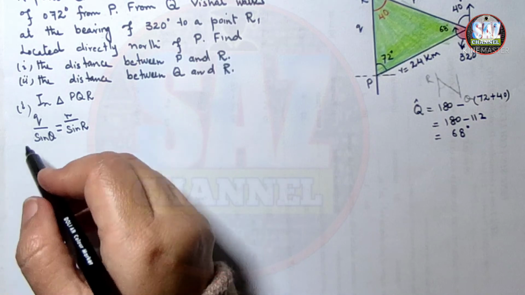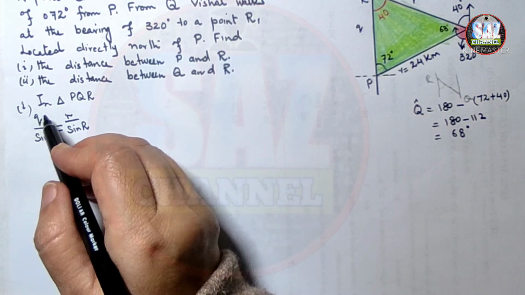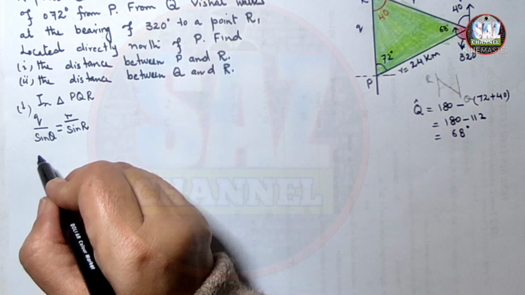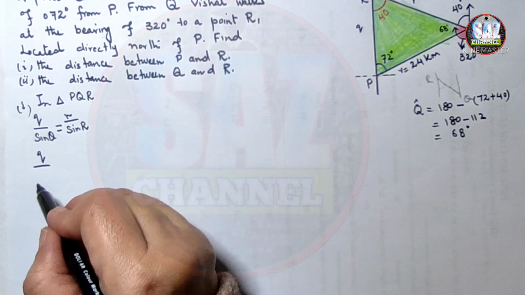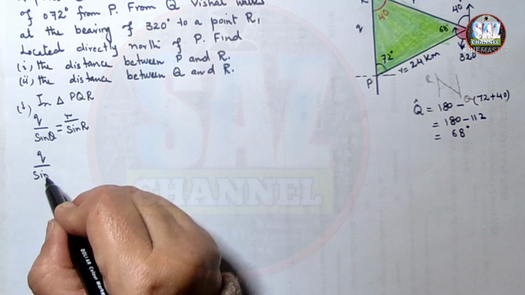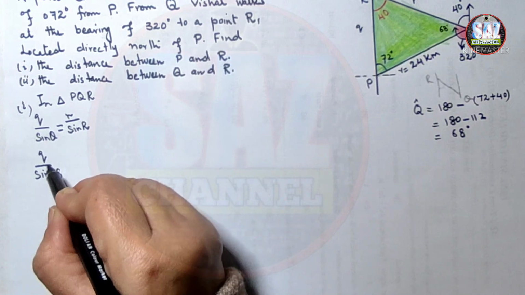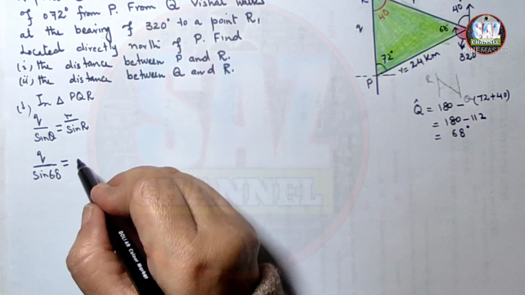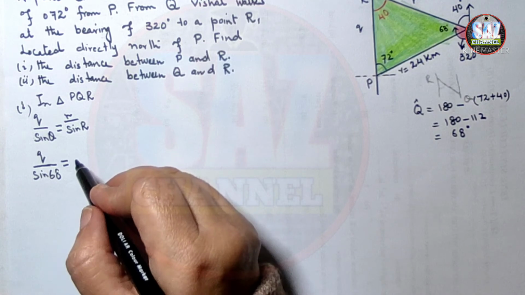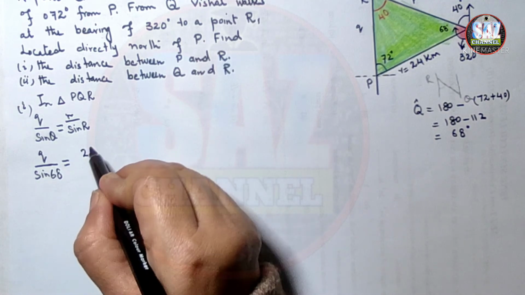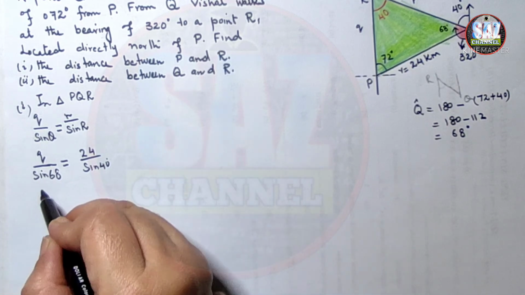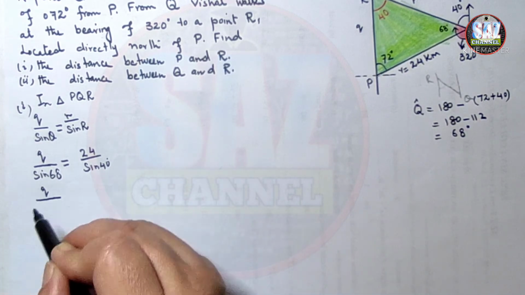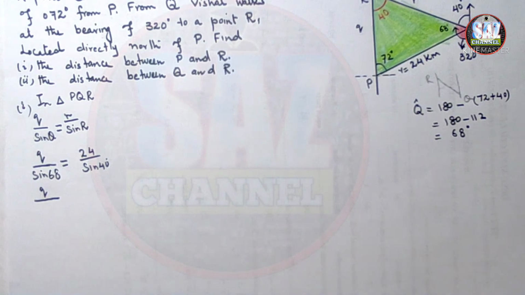Here q is PR, which is the actual requirement of the question, so I'm not going to do anything with that. Sine Q is sine 68 degrees, and r is 24 upon sine 40 degrees. Now q upon sine 68. Let me hold the calculator, and your display has to be on degrees.